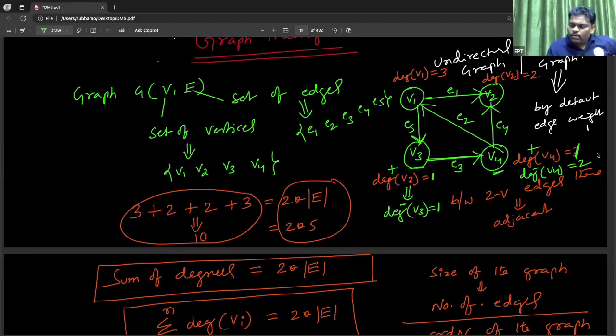In a similar way, for V2, degree plus: how many coming inside? 2. How many going outside? No one, so 0. For V1, degree plus is 1 and degree minus is 2.